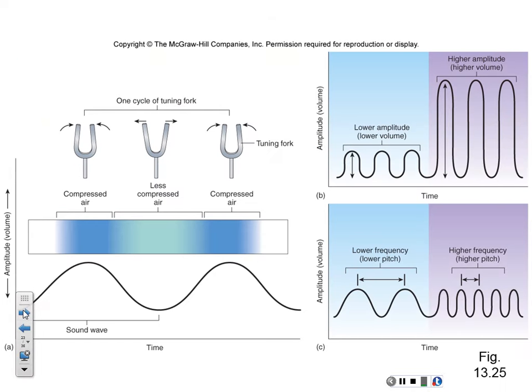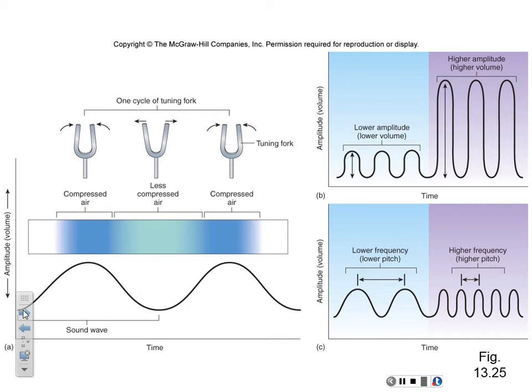So this really shows you what I just drew earlier on. This is a sound wave, low pitch and high volume. Okay. And this here, high pitch, low volume. High pitch, high volume.